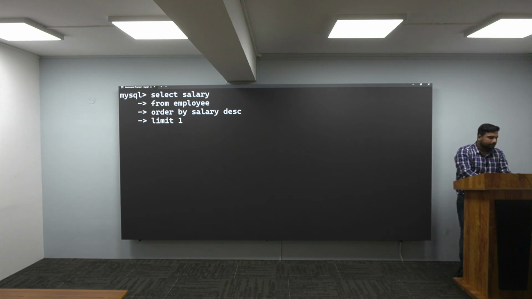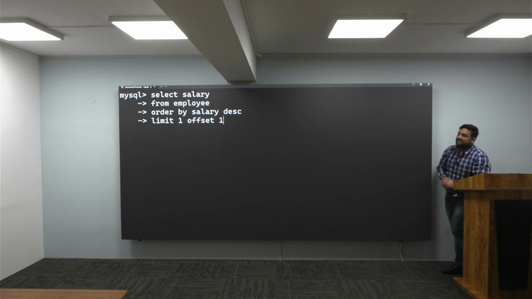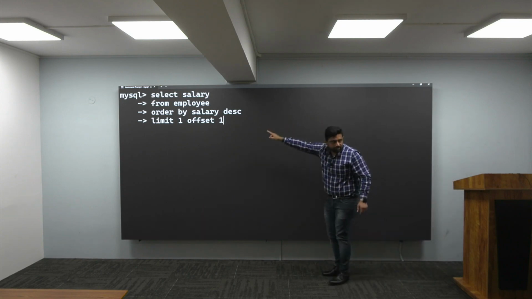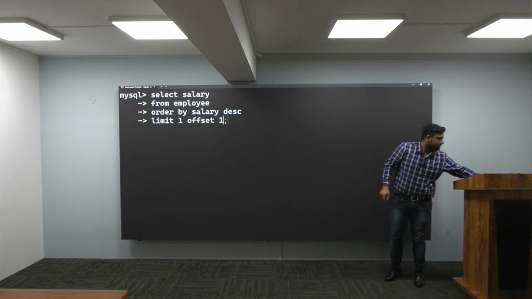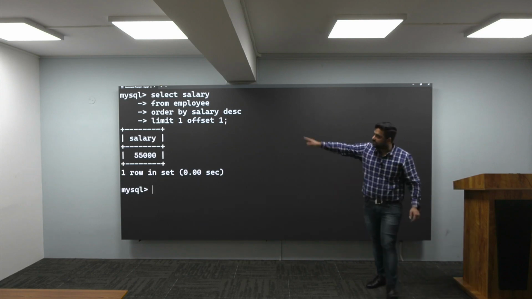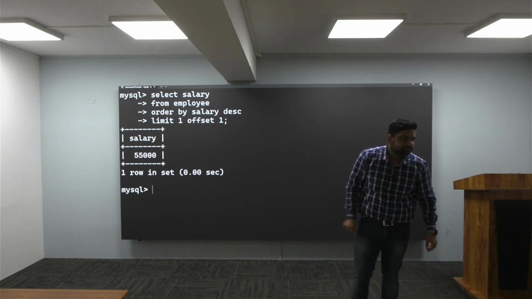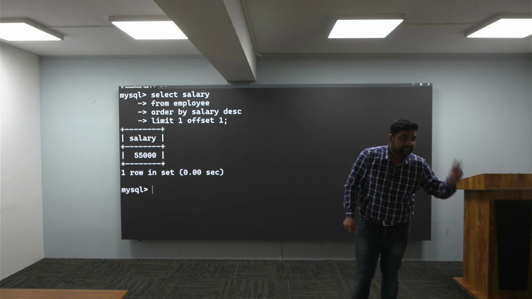So that is why I will put limit 1, offset 1. If you put limit 1, it will return only 1 row. If you put offset 1, it will return the value. What information did you get here? 55,000. And what is 55,000 here? It is your second highest salary.